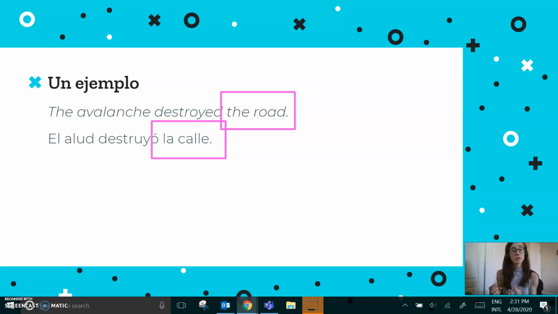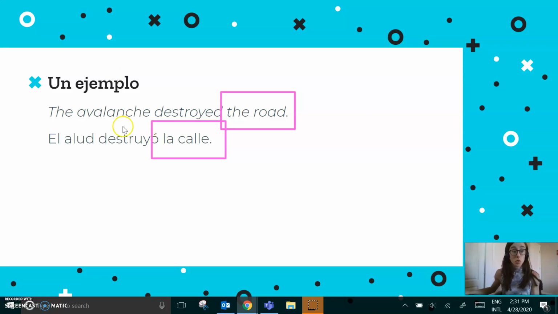And they're pronouns because they can serve as a subject, but they're taking the place of a proper noun subject. So yo, while we would usually say I, is actually taking the place of saying Ms. Cuthbert over and over and over again. Because we don't want to sound like that when we're talking, we replace it with a pronoun. And pronouns allow us to substitute things and repeat ourselves less.